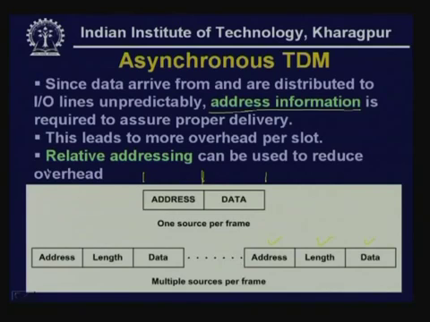And to do that, sometimes we make use of relative addressing, so that the number of bits required to specify the address is smaller. And sometimes we can use fixed length, or length also can be specified in some special way, so that the length field is smaller, so that the efficiency of asynchronous time division multiplexing is more.